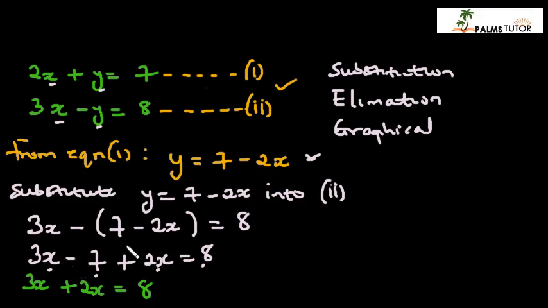Carry the negative 7 to the other side. When negative jumps the equality sign, it becomes plus. So we have plus 7. So 3x plus 2x is 5x, and 8 plus 7 equals 15.